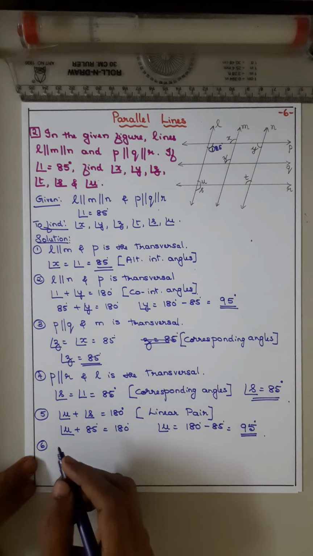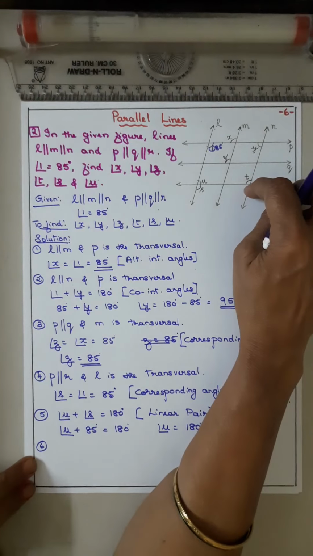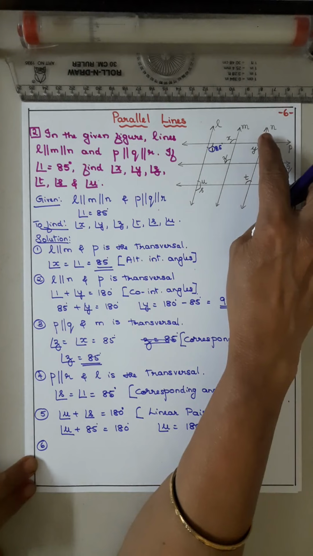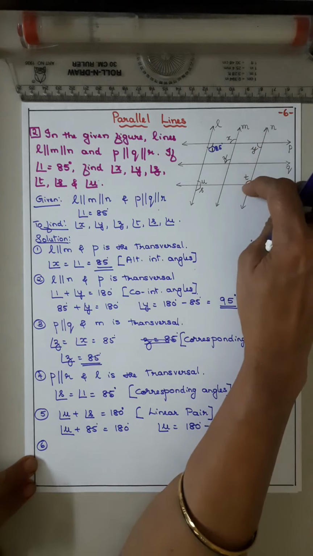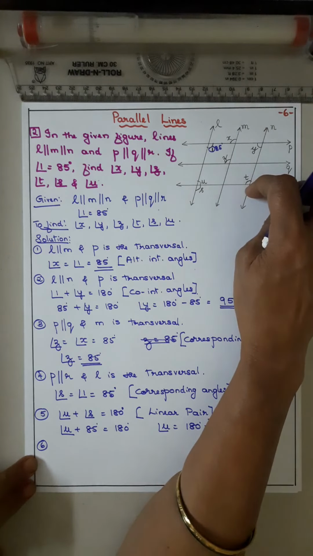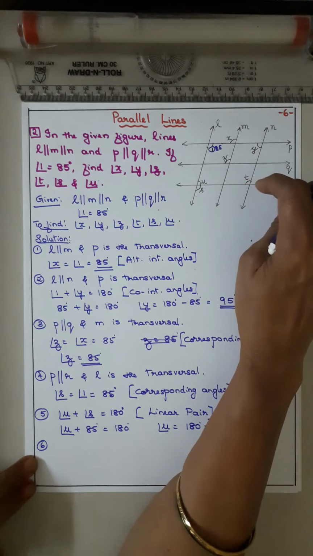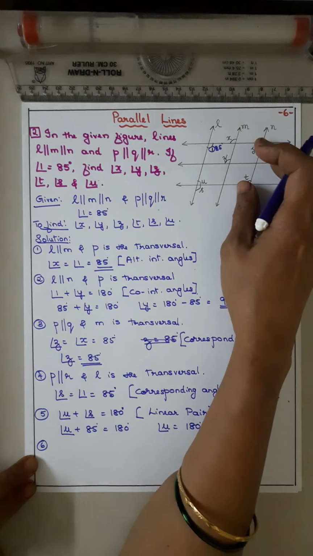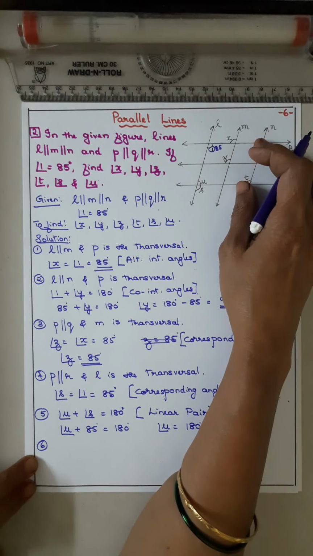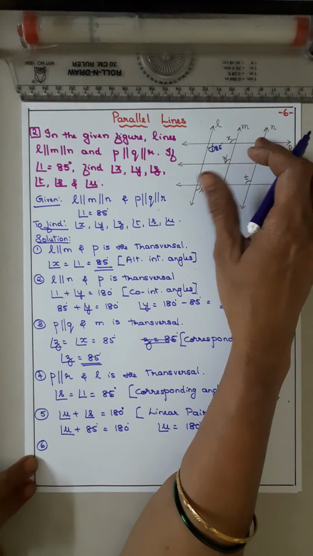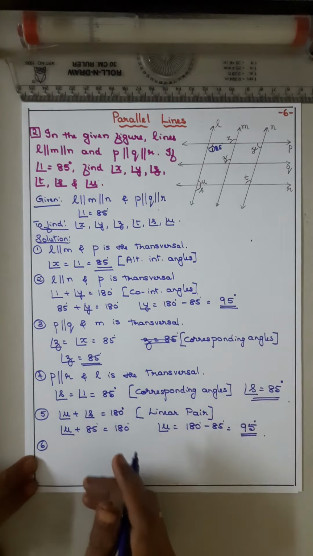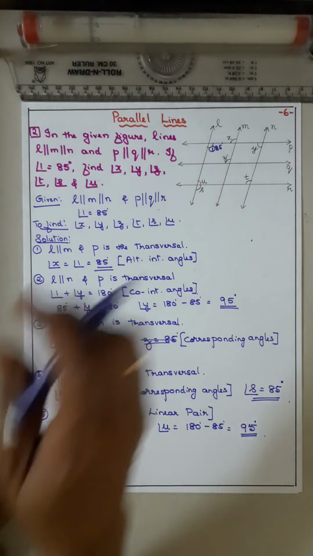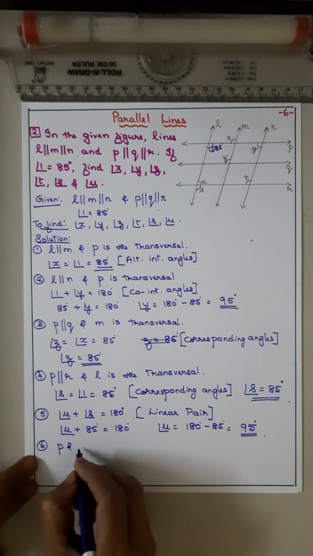Now coming to T. For T, you can think of either Y and T as co-interior, or U and T as co-interior. Both are correct. Y or U, you can take either. If you take these, which two lines do you have to take?